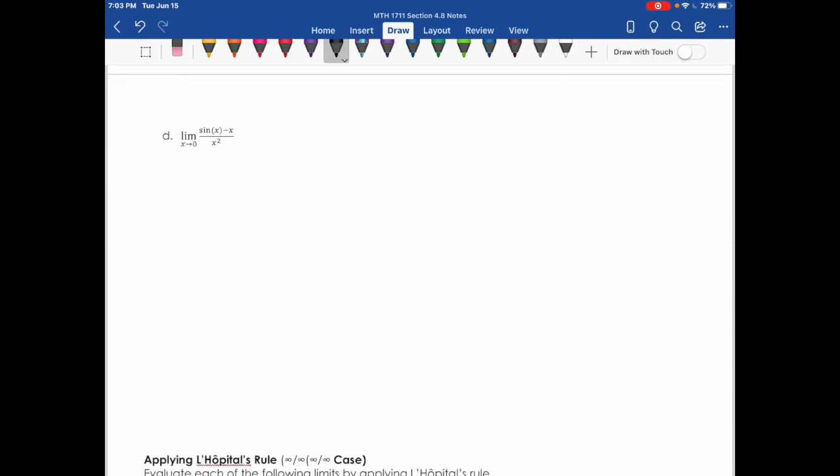Okay, part D. As x goes to 0, I'm going to get 0 minus 0 in the numerator, and then obviously when I square 0, I'm going to get 0 in the denominator. So I have that indeterminate form of 0 over 0 again, which means L'Hopital's rule will apply.